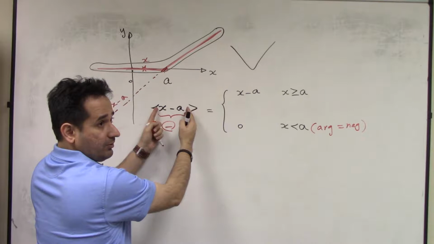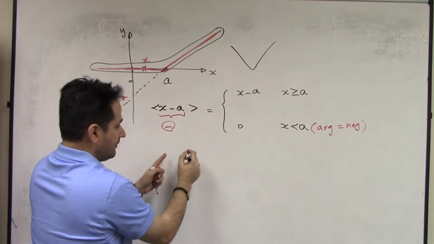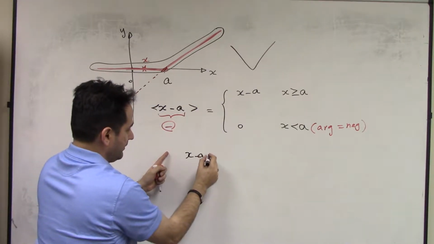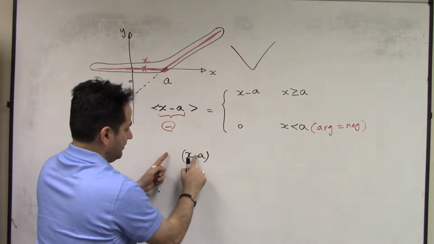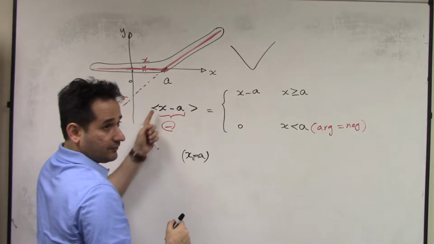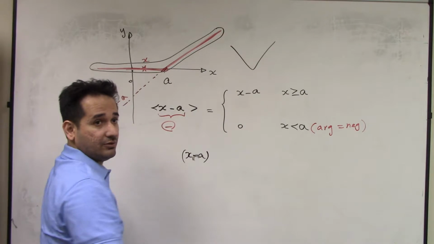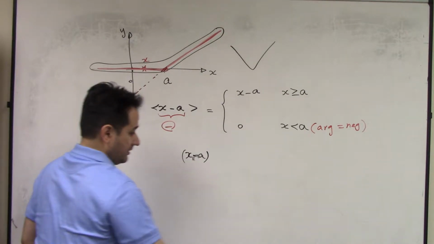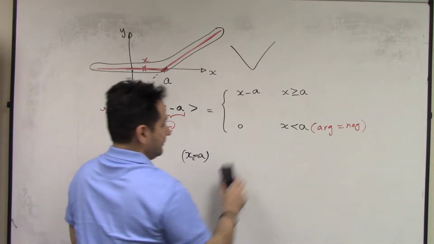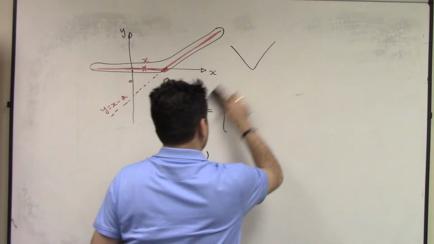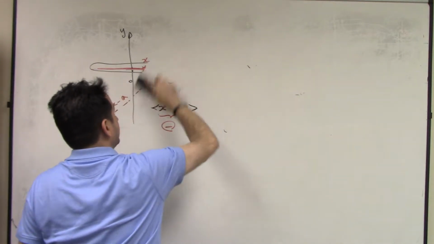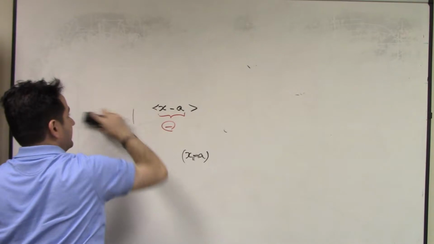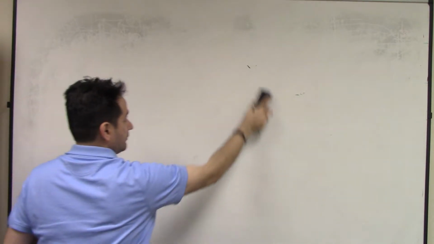If the argument is positive, the value of Heaviside is itself, x minus a. If the argument is negative, the value of Heaviside is 0. So this is the basic review of the Heaviside definition. So how can we use it with a beam to find the moment diagram?